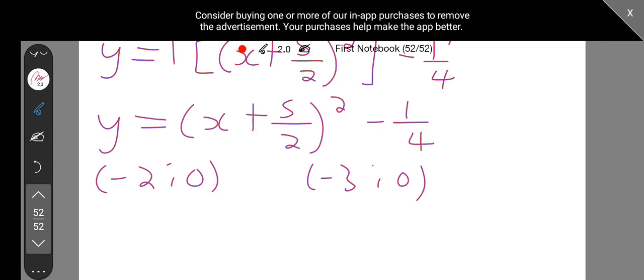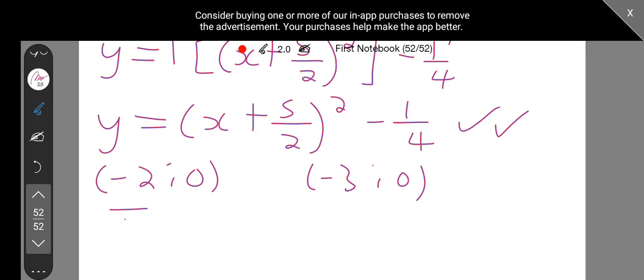If you check it, that gives us 0. Even if you plug in negative 3, we're going to get 0. So (negative 3 plus 5 over 2) all squared minus 1 over 4 gives 0. So this equation and the one of x squared plus 5x plus 6 mean the same thing, but this one helps us find the turning points.